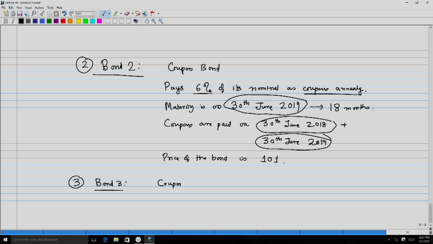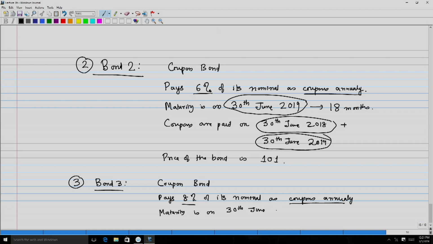So, this is also a coupon bond and it pays 8% of its nominal as coupons annually, and the maturity is on 30th June 2020.